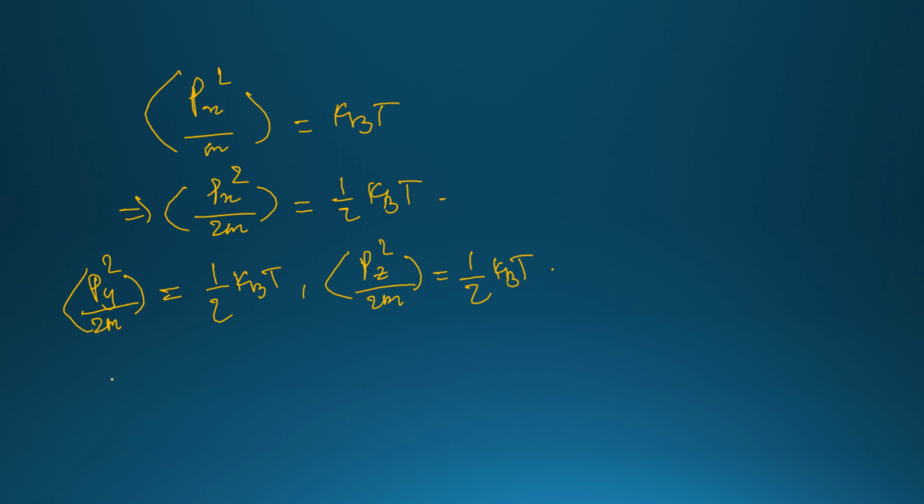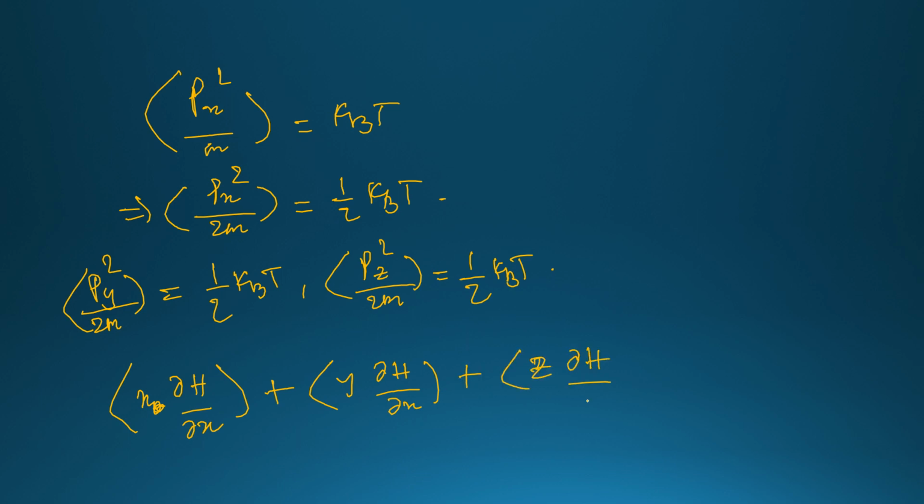Now I can write x del H by del x average plus y del H by del y average plus z del H by del z average.